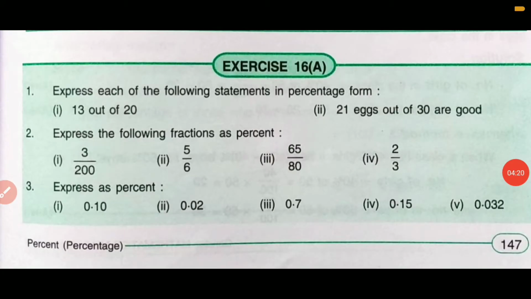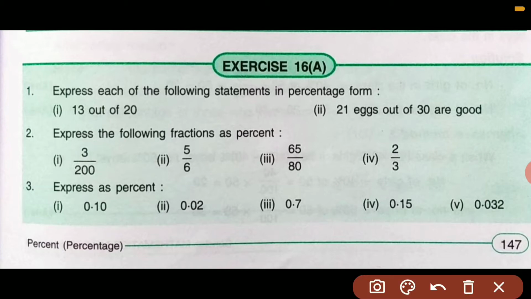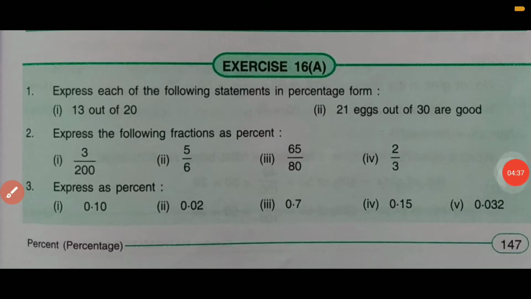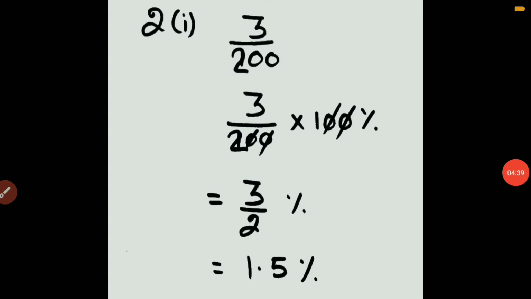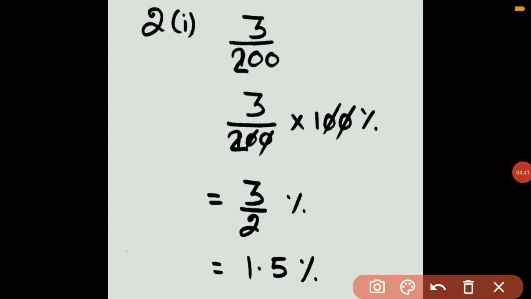Question number 2 reads as express the following fractions as percentage, like we had done in number 1. Fractions are given to us and we need to convert it into a percent. How will I do that? I am supposed to multiply them by 100. So question number 2.1, the fraction given to us was 3 upon 200, right?